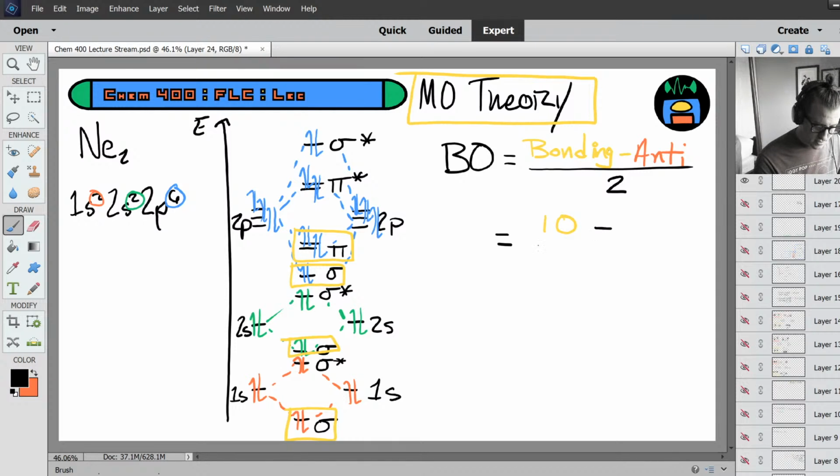Minus, now for our antibonding electrons, we have 2 in the sigma star plus 2, so 4 in that sigma star. 8, 10 as well.